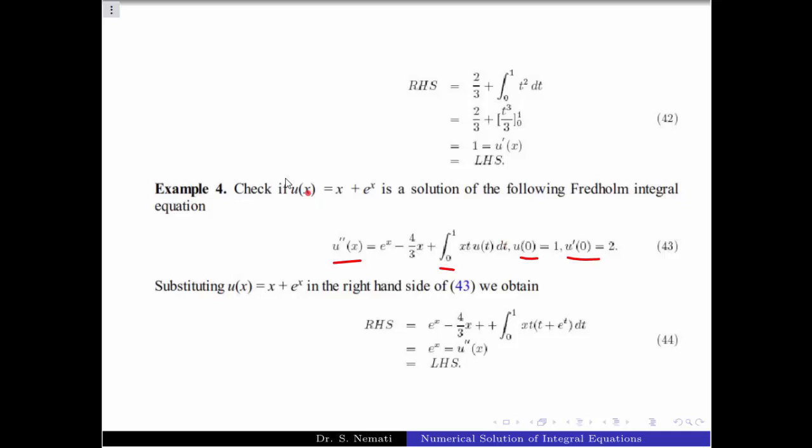First of all, we have to take the first order and second order derivatives of the function u, and you know that the first order derivative of u, what is the first order derivative of this function?